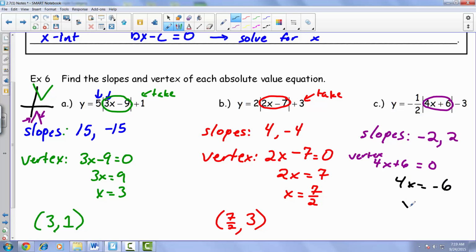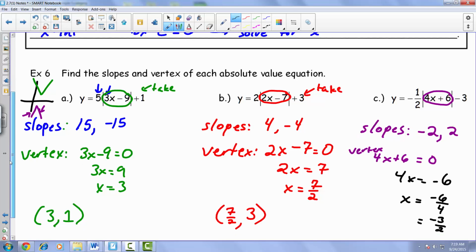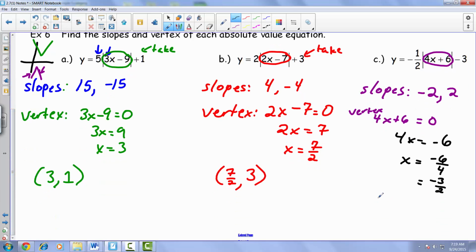Divide both sides by 4. Looks like it comes out to be negative 6 over 4. Simplifying that down comes out to be negative 3 halves when you divide top and bottom by 2. So it looks like our vertex is happening at negative 3 halves, comma, we take this last piece just as it is, negative 3, that's our y value. So there is our vertex.